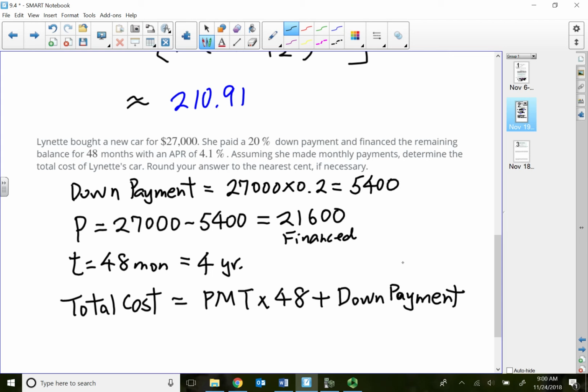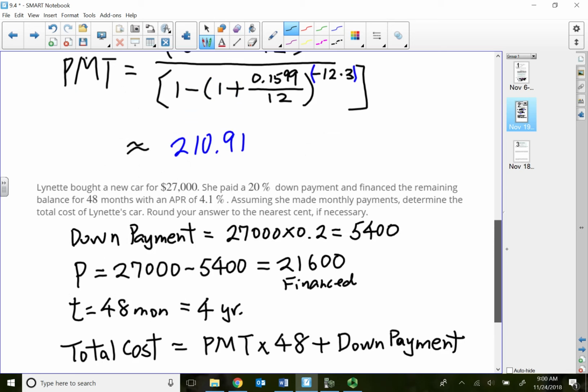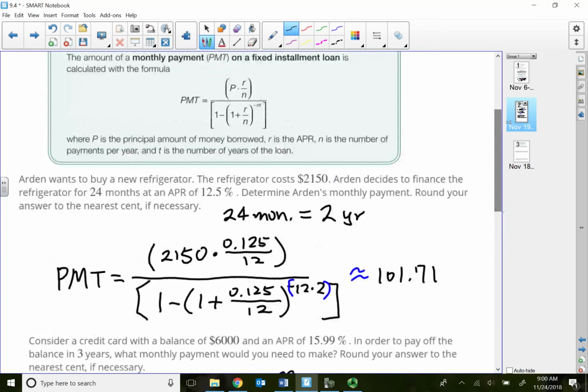So if we add back the down payment, then we can figure out her total cost. The first thing I need to find is her monthly payment. So let's use this formula.